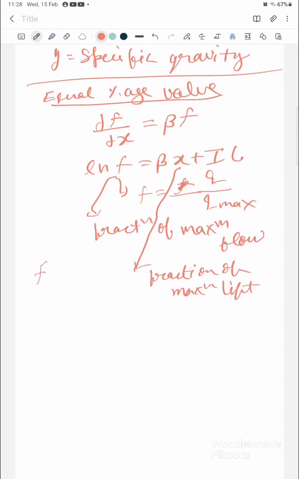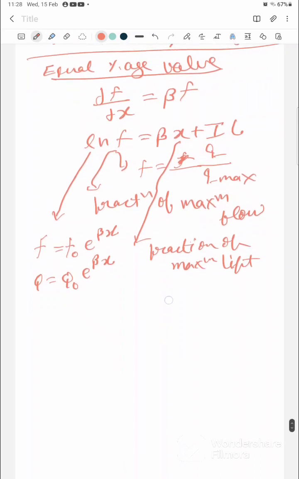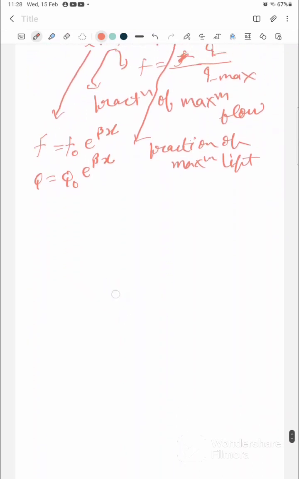F is equal to F naught e to the power beta x. Q is equal to Q naught e to the power beta x. Equal percentage valve.